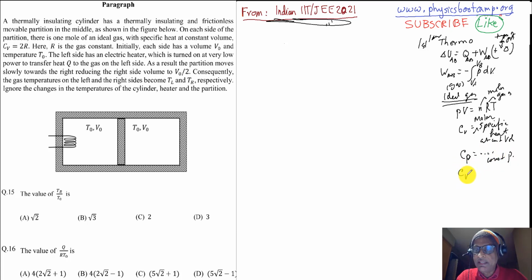CP is CV plus R, and gamma is the ratio of CP over CV. So this definition you need.